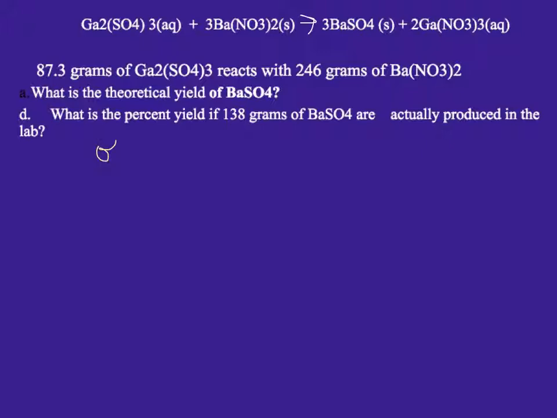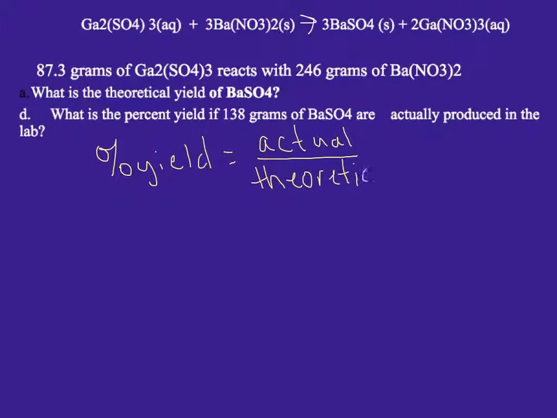So our equation is percent yield equals the actual yield, so that is actually what's given to us in the problem up above, over our theoretical yield, which is what we calculated earlier, and all that is times 100.